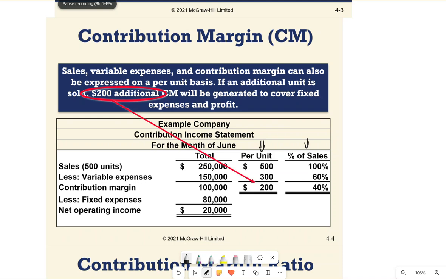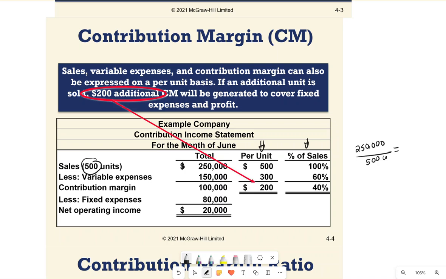So how do we calculate it? It could be shown per unit or it could be shown as a percentage of sales. If my total sales is 250,000 and I sold 500 units, what is the per unit price? You take your 250,000 divided by the 500 units that you sold.